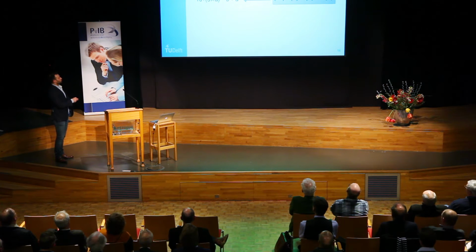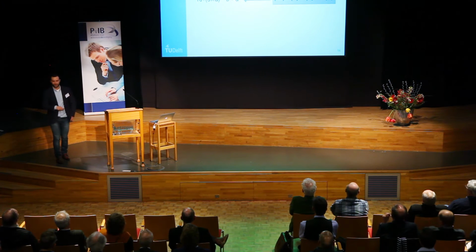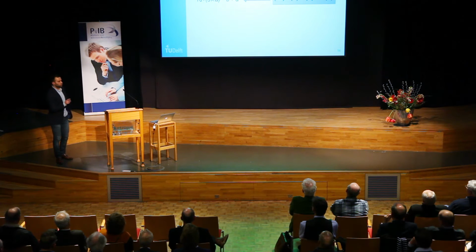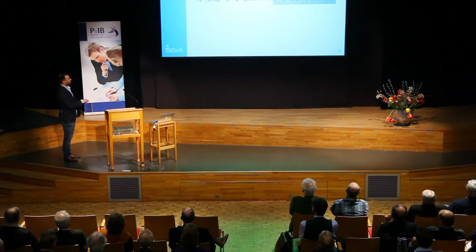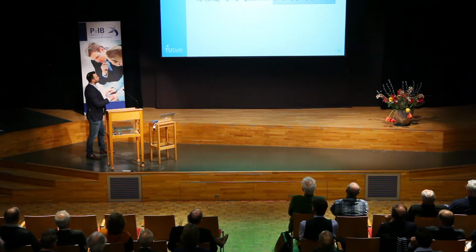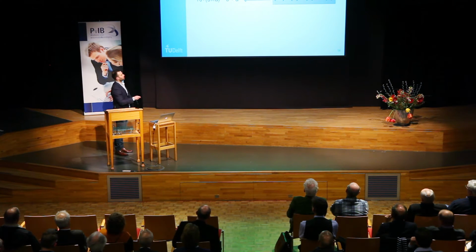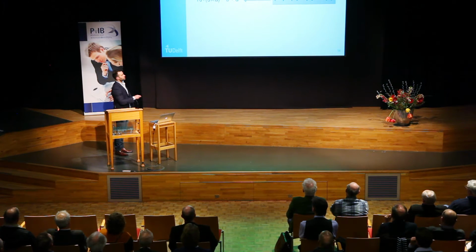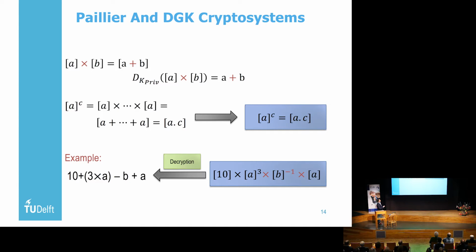Imagine that you want to compute this equation, right? But what you have is not A or B, you have the encrypted A and encrypted B. You can translate this operation to work in the encrypted domain by taking the encryption of A and raising it to the power of 3, exponentiation, which corresponds to a scaling operation here.